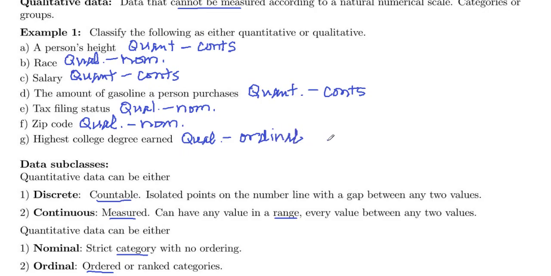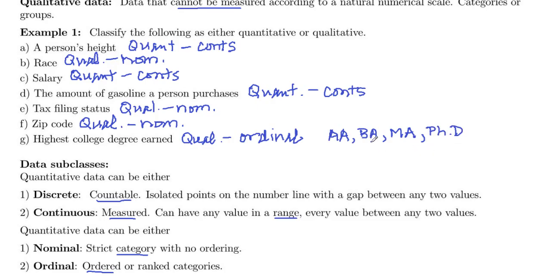You can get an associate's degree, sometimes called AA. Then you can get a bachelor's degree, BA. You can get a master's degree, MA. And then you can get a doctoral degree, PhD.